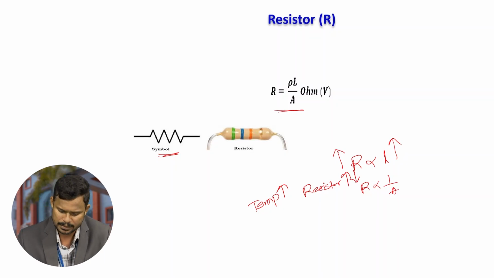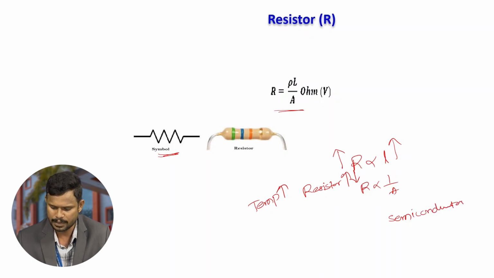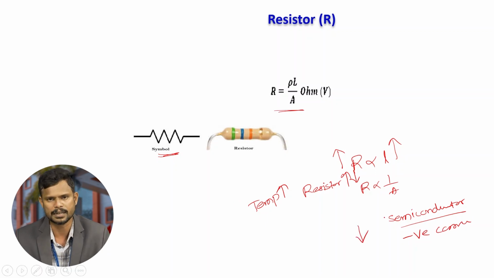If the material is a semiconductor material, it has a negative temperature coefficient: if we increase the temperature, the resistance value decreases.